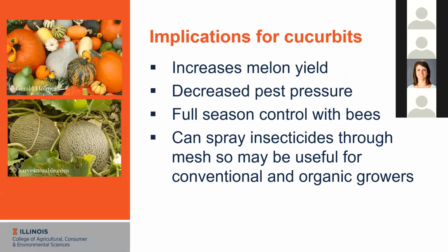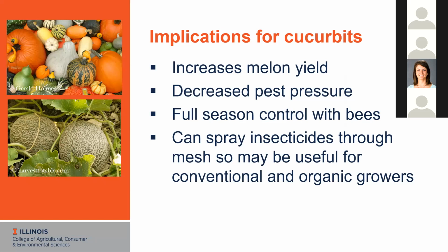And so the implications for this was that we saw increased melon yield with the mesh row covers across all of the different experiments that we tried. And we did get decreased pest pressure every time. And that's not surprising because you're excluding the pests, and especially with the fabric row covers, as I mentioned, you end up with those open for so long that you expect some pest encroachment.